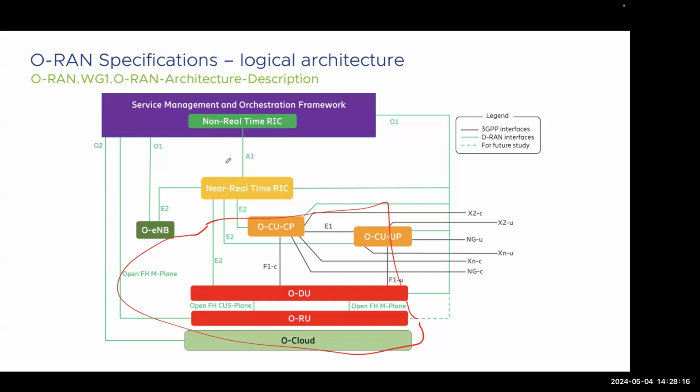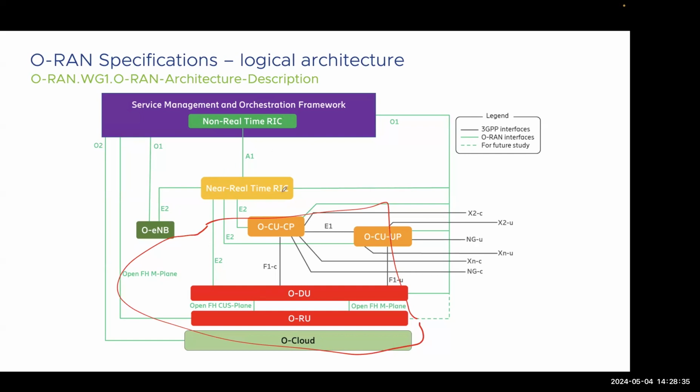So there are several software functions that need orchestration, need the FCAPS functionality, and then they said, okay, what about the intelligence and programmability? Where will we put it? They created this non-real-time RIC box and near real-time RIC box.